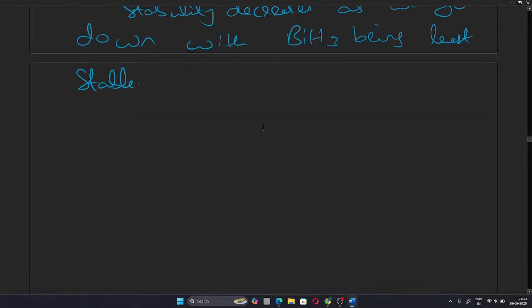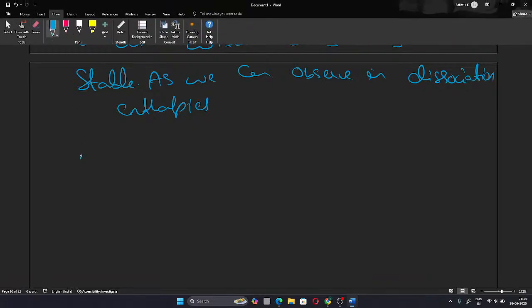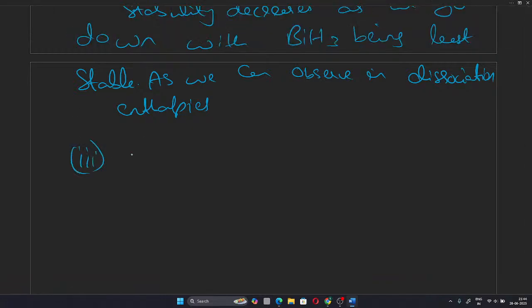And the third point, as we can observe in dissociation enthalpies. Third point is basicity.